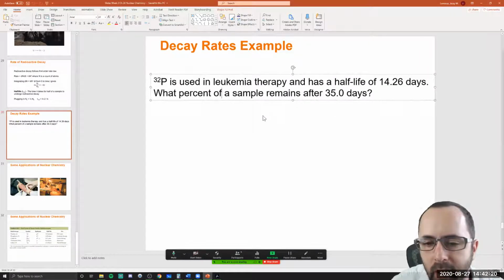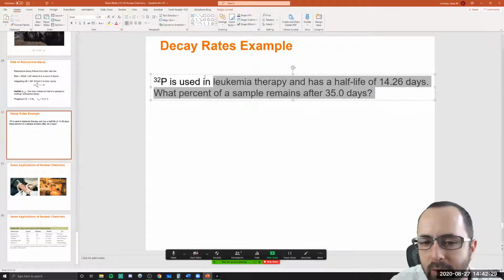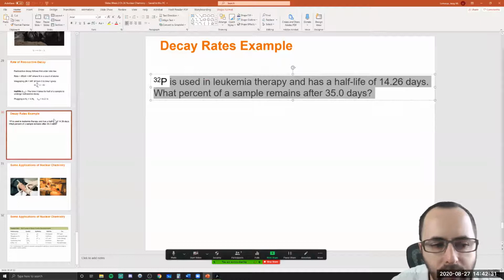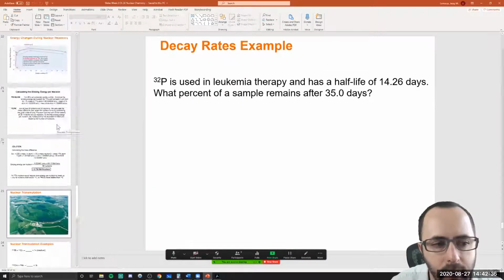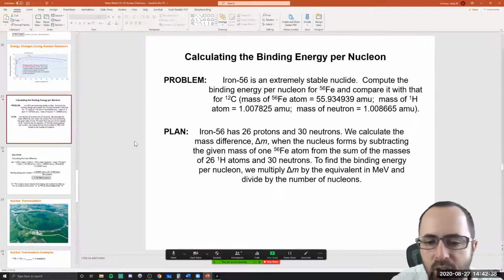But the problem I gave you as number 4 on the homework gave you the amount of the sample that remains and asked you for the amount of time that passed. So it was like this question, but the reverse of it. For this one, the question I'm asking you is very much like this question that I showed you.